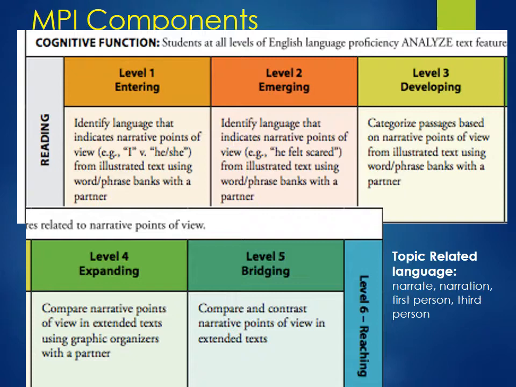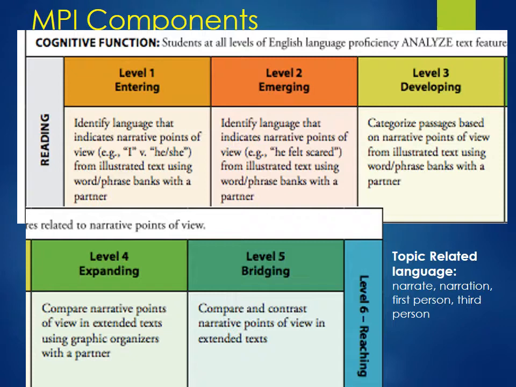For level 5 and level 6, they would be comparing and contrasting. In level 3, it's being changed to categorizing. And in level 2 and level 1, it's identify. So these are more in line with the language functions that these students are able to do.